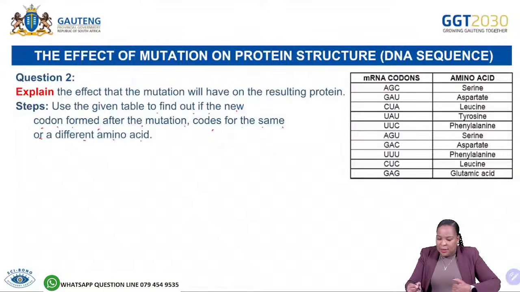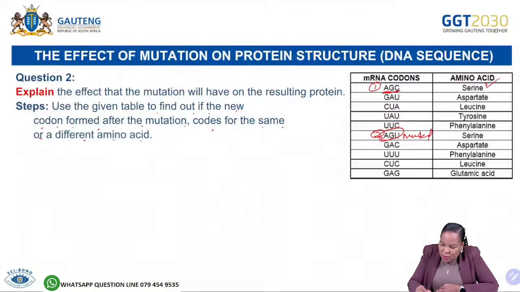What do we mean by that? Let's check. What was the first one? The first one was AGC, this one. It coded for serine as an amino acid. So that in that sequence, your first one will be serine. And then it changed to this one. It mutated. Now this was after mutation.